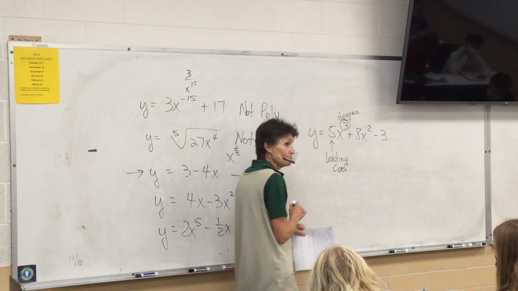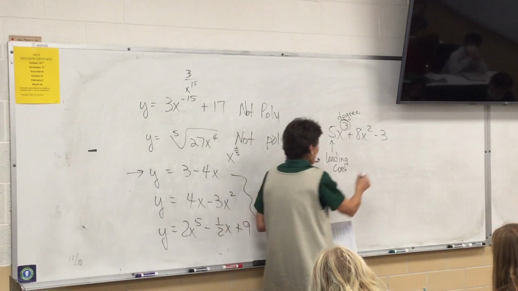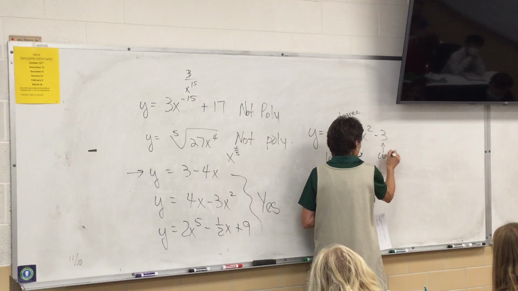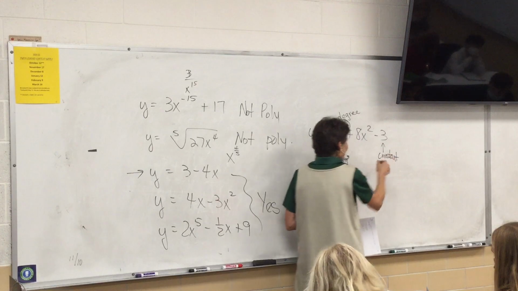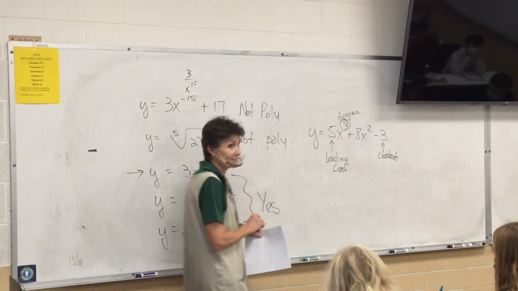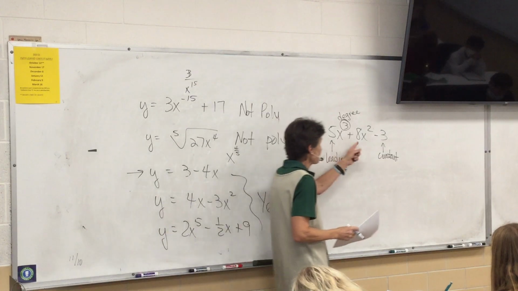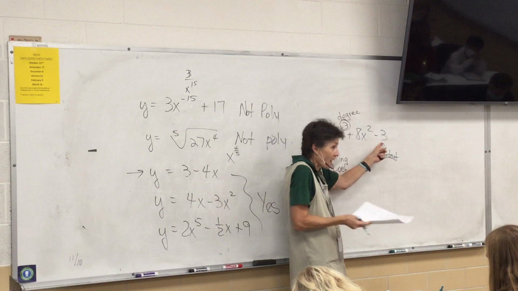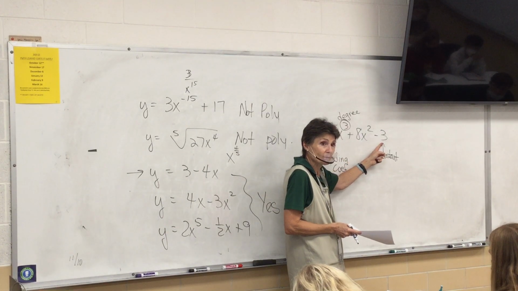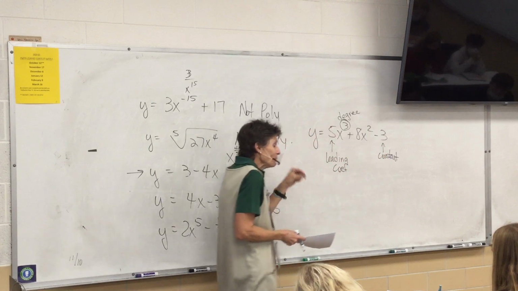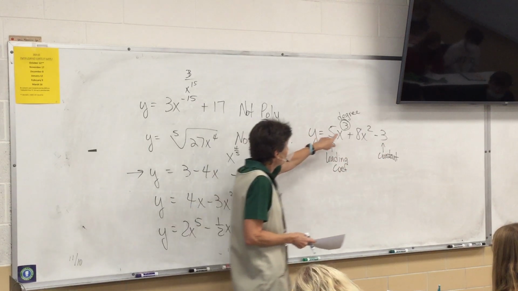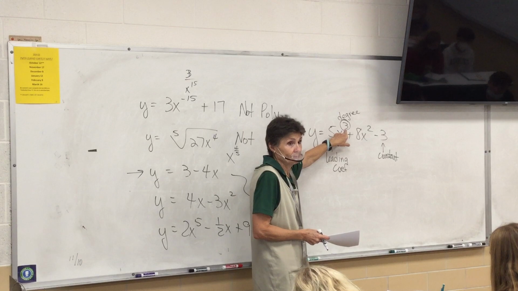You remember that? And this guy back here is called the constant. So the constant term is the one that doesn't have a variable. So no matter what you let x be, this is still going to be -3. It's constant, right? Okay. So the simplest polynomial would be degree 1.